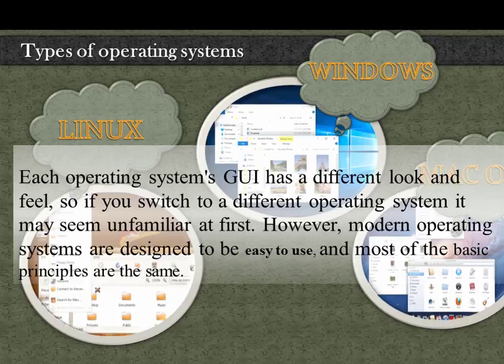GUI stands for Graphical User Interface, and it is usually the interface between the user and the operating system. So different computers may have different operating systems, but they all have a similar GUI. That makes all computers to be operated the same or almost the same.